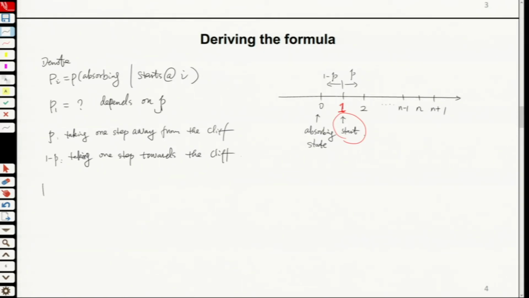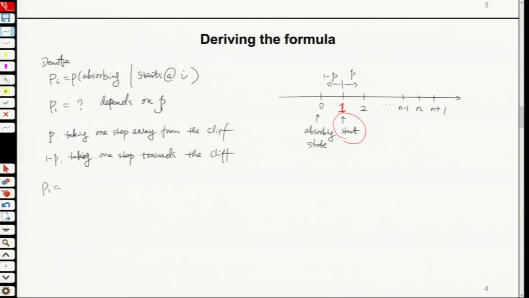So this P1 will equal to, what is P1? P1 is actually absorbing. Eventually, this person gets absorbed. When we define this, eventually this guy gets absorbed, starting at a location I. So this is location 1. Okay?